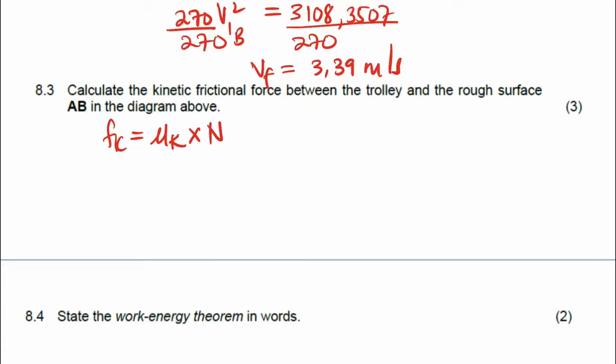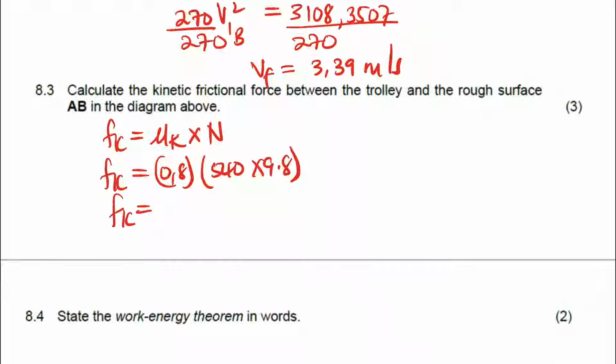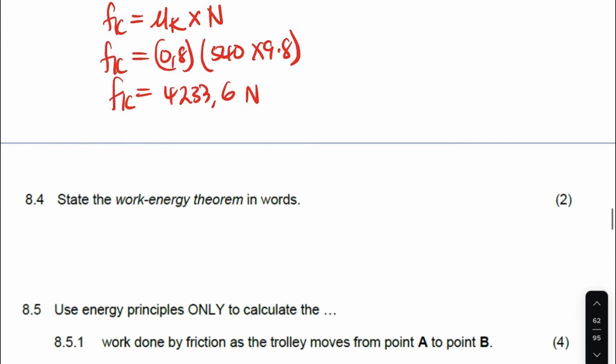Friction is equal to mu k times normal force. The mu k is 0.8 and the normal force is equal to mg, so it's going to be 540 times 9.8. That's mg. Punching that in the calculator, you get the answer, which is 4,233.6 newtons. That's the friction.